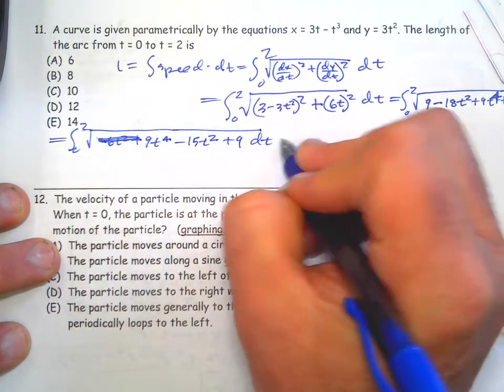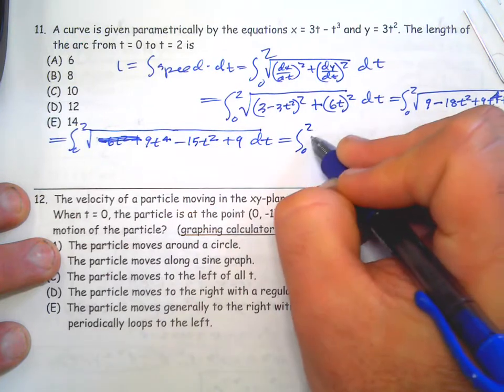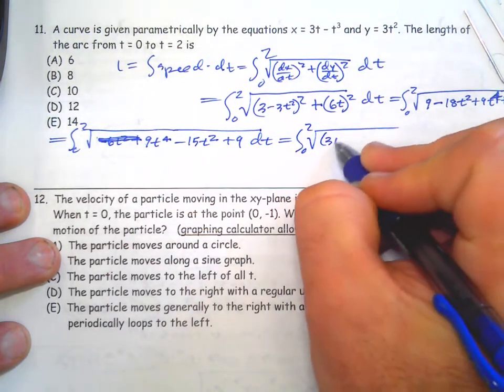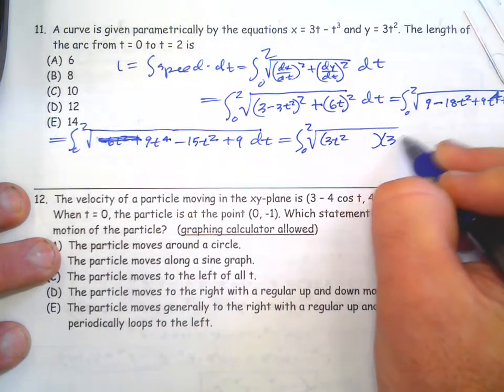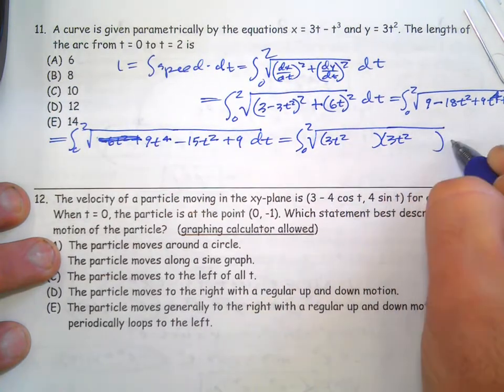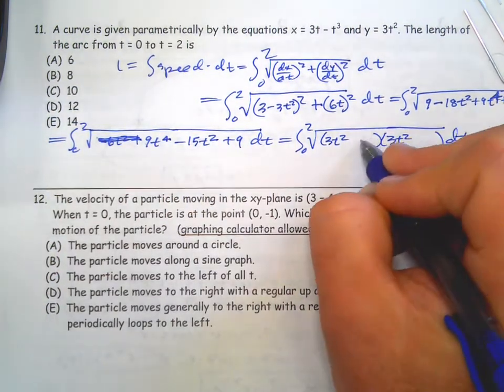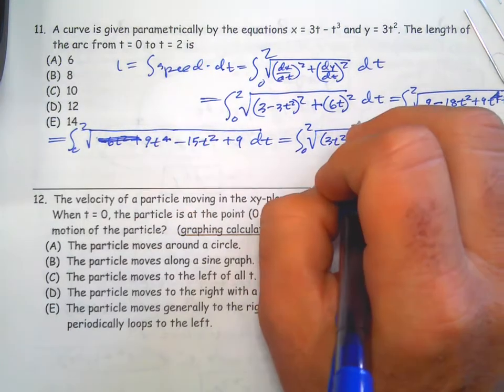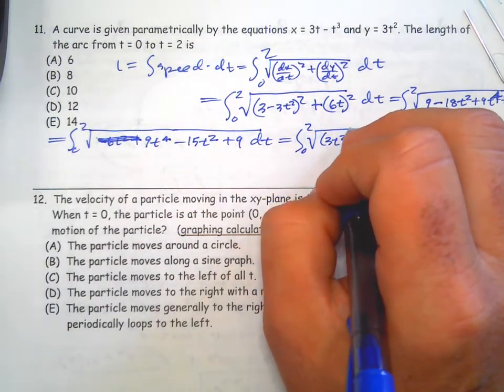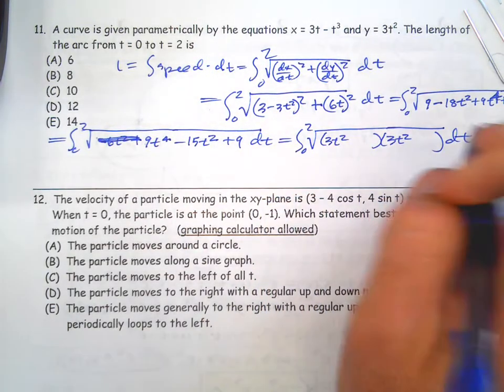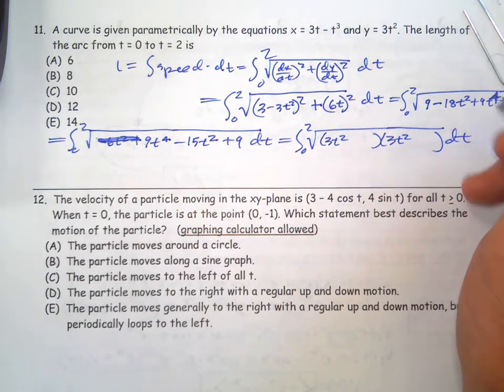Okay, now maybe that's a perfect square. Let's see if we can factor this. This would be 3t squared, 3t squared. I'm just basing this off my hope. I don't know if that's going to work. Let's just make sure I didn't make any mistakes. I feel like I did.